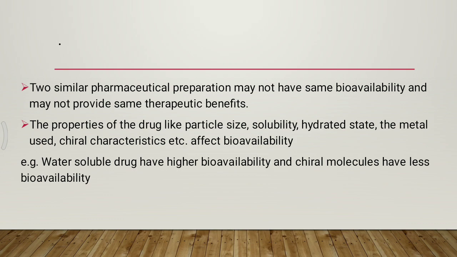For example, a water soluble drug has higher bioavailability and a chiral molecule has less bioavailability, because when a chiral molecule is used as a racemic mixture, the bioavailability is less than 50%, because among the optical isomers only one isomer will be biologically active.